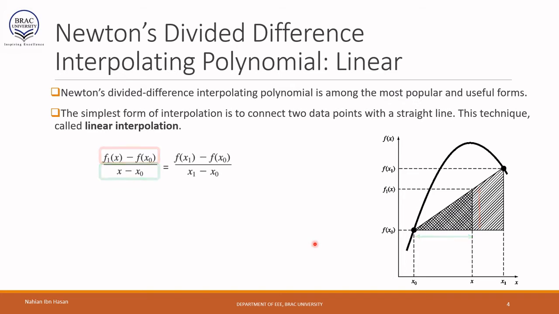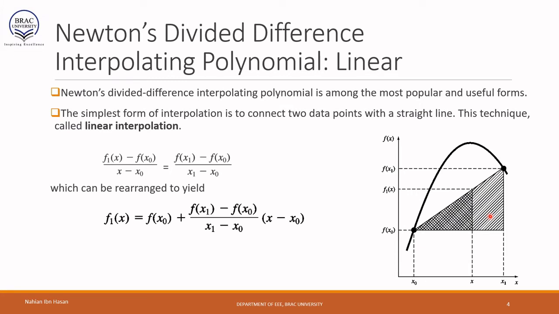That means we get the same slope from the height of the larger triangle, which is f of x1 minus f of x0, and the base, which is x1 minus x0. So we are just equating the slope of the straight line determined from two different triangles. If we algebraically manipulate this equation and determine the term f1 of x, that means this is f1 of x.